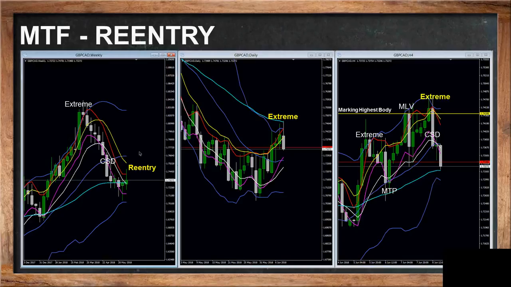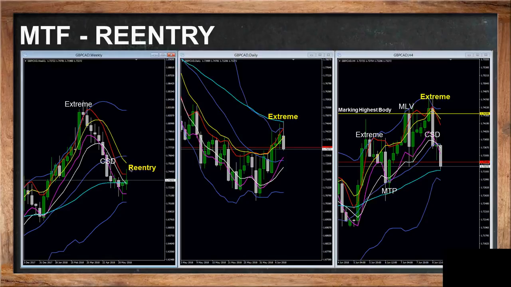All right. So over here is a good example of a re-entry. This is a re-entry after CSD. On GBP weekly, on the weekly time frame, we have an extreme and we have a candlestick direction, and after that the market retraces back to MA high.